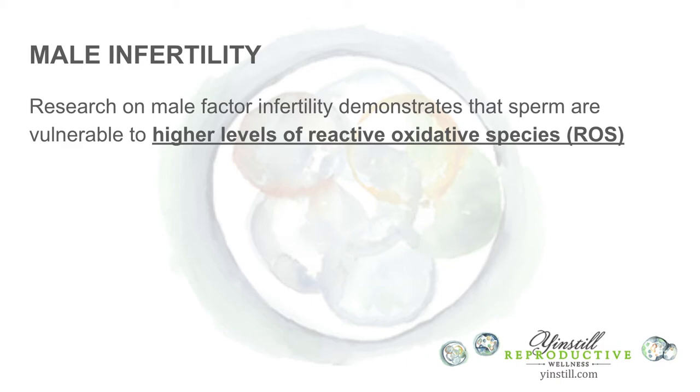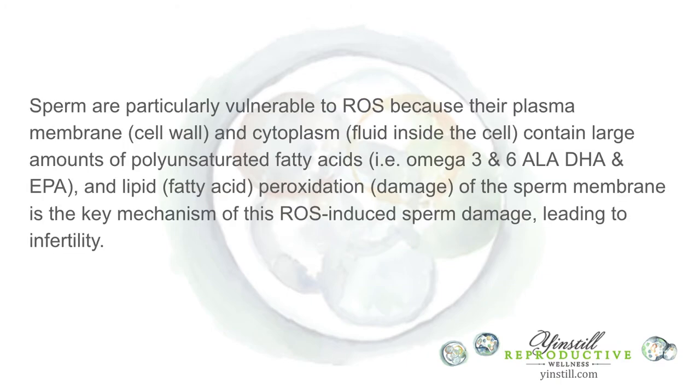Low levels of ROS exert critical function on normal sperm physiology, such as fertilizing ability, acrosome reaction, hyperactivation, capacitation, and sperm motility. But research on male factor infertility demonstrates that sperm are vulnerable to high levels of reactive oxygen species. So high levels of oxidative stress are what causes the problems.